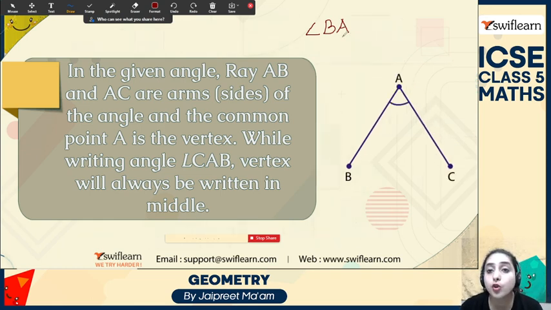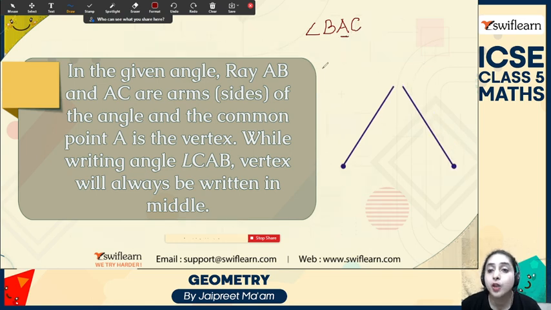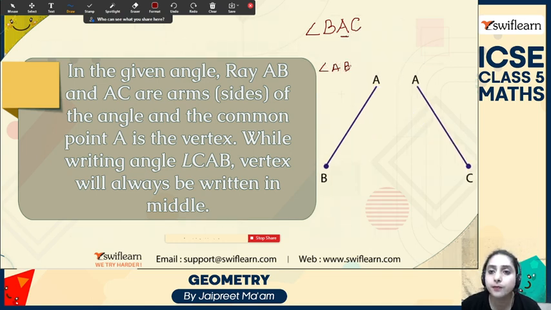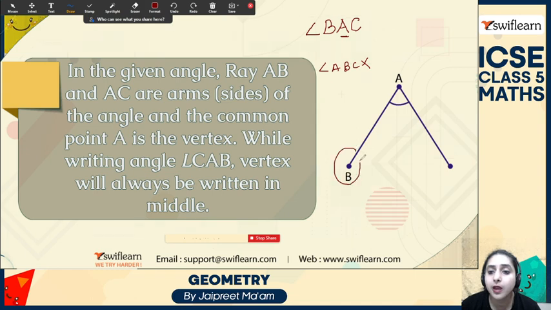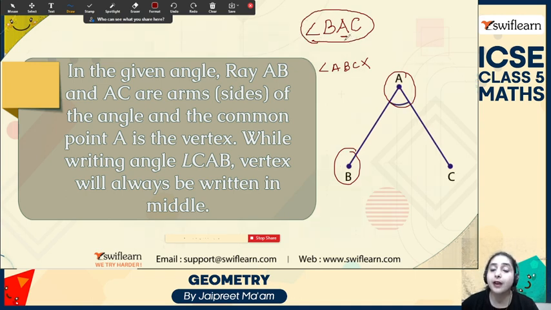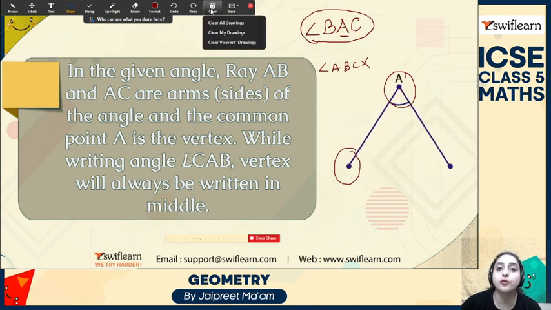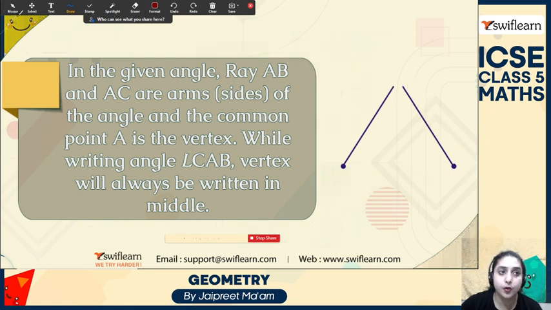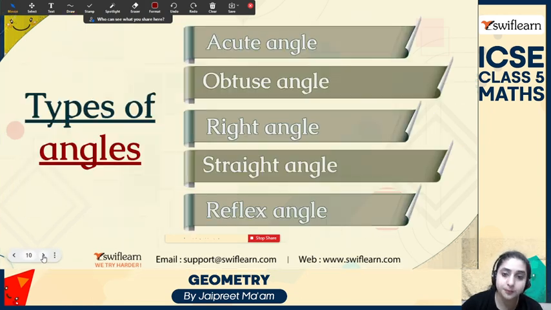That means we are talking about the angle at A, so it will always be in the middle. If you write ABC, that doesn't make sense, because here no angle is formed. The angle is formed at point A, so every time, wherever the angle is formed, you have to write it in the middle. Okay, so it's very important.